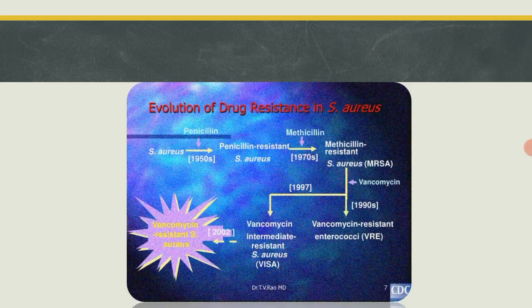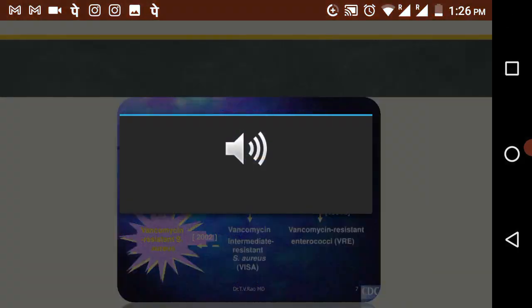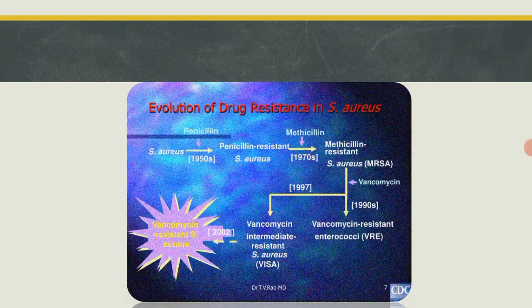But then in late 2002 it was observed that MRSA strains were completely resistant to this vancomycin, called the vancomycin resistant S. aureus, VRSA strains. So that's how S. aureus developed so much resistance against so many antibiotics, right?